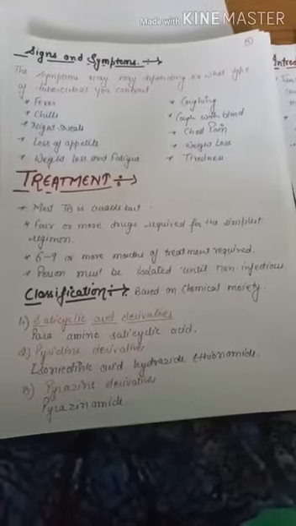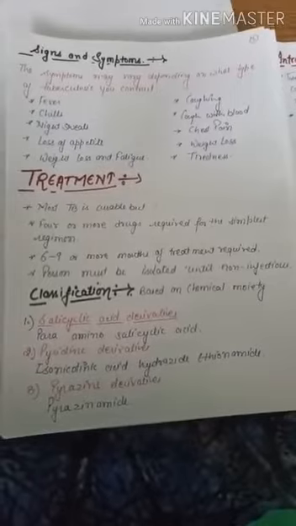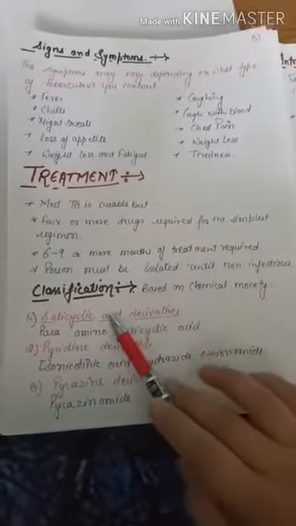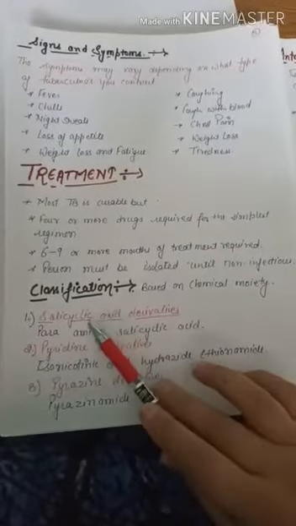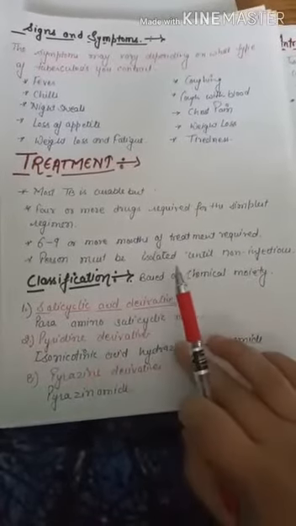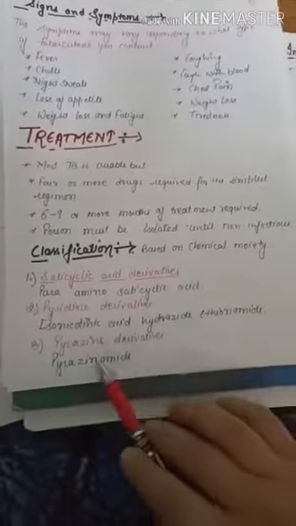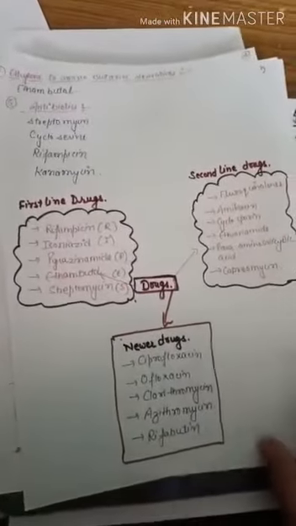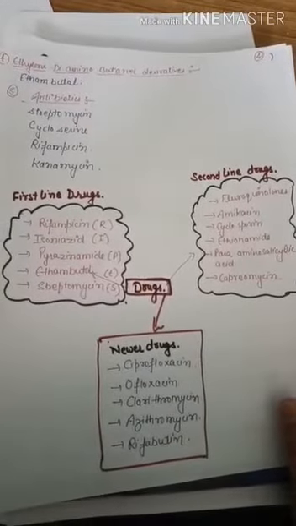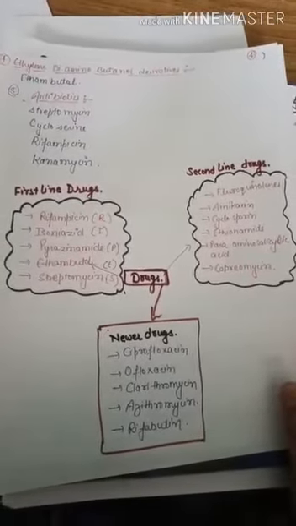And the classification over here, you can see, is based on the chemical moiety of the drugs. The first is salicylic acid derivatives, the second is pyridine derivative, the third is pyrazine derivative, the fourth is ethylene diamino butanol derivative, and the fifth is antibiotic.